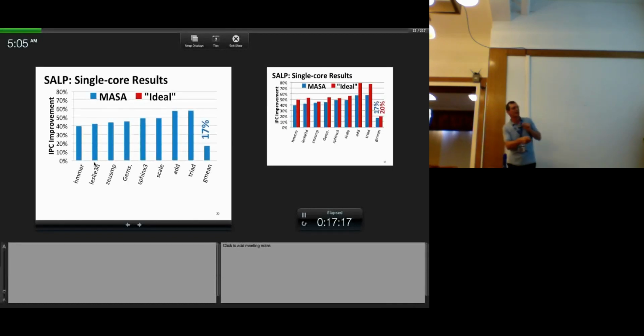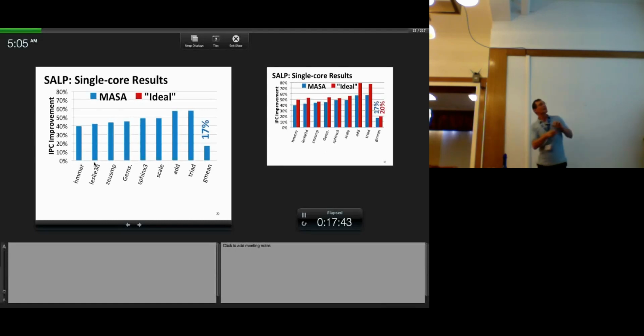That's why, if you look at this, these are actually workloads from the stream benchmark. Stream is a common benchmark that's used to measure memory bandwidth. And those are the ones that fare really well. Streaming-like applications fare well. Random access applications get less benefit out of this. They get the benefit of parallelism, but they do not get the benefit of keeping the row buffers open. So looking at other row buffer policies for those applications would be interesting.